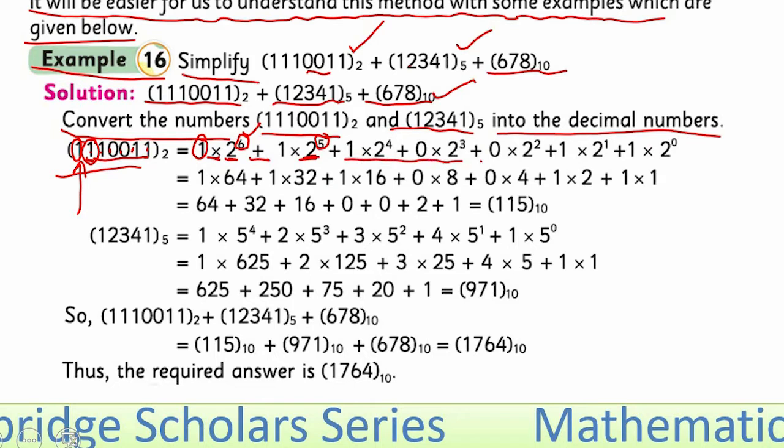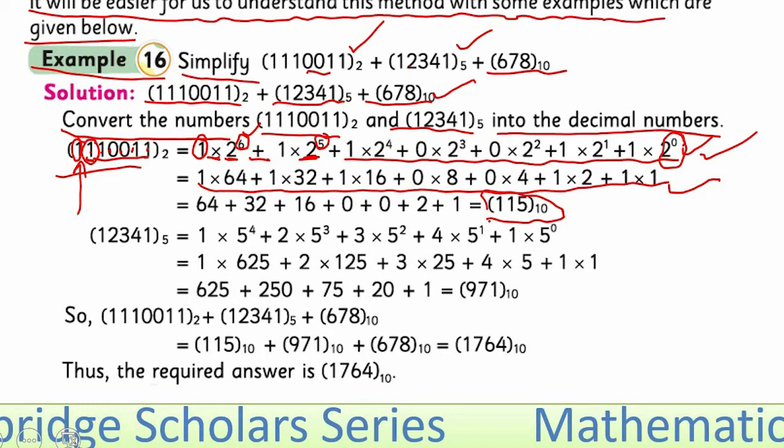Continue this process till the end, up to base 2 having power 0. When we complete and perform all the operations, we have 115 with base 10. This is a decimal number.